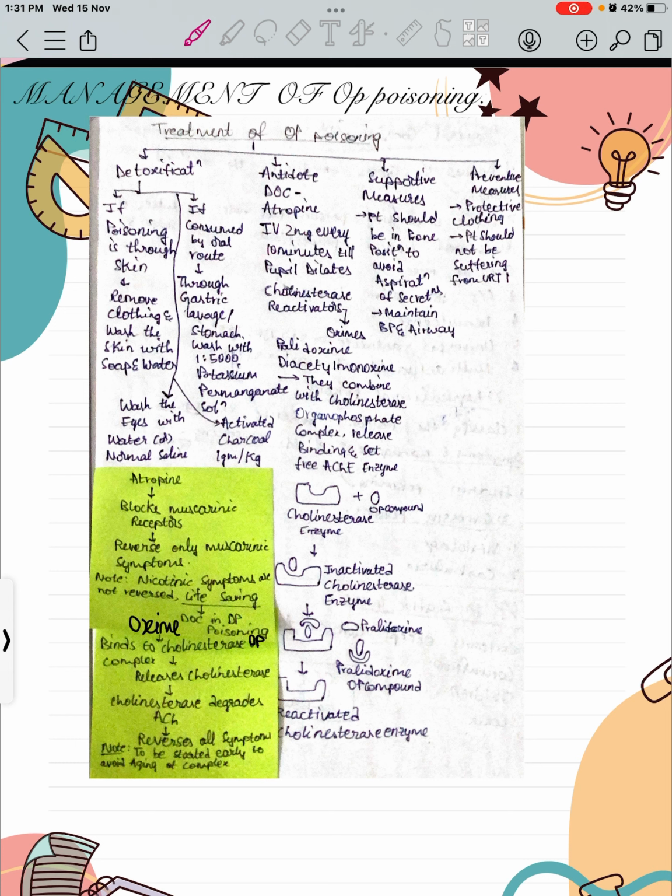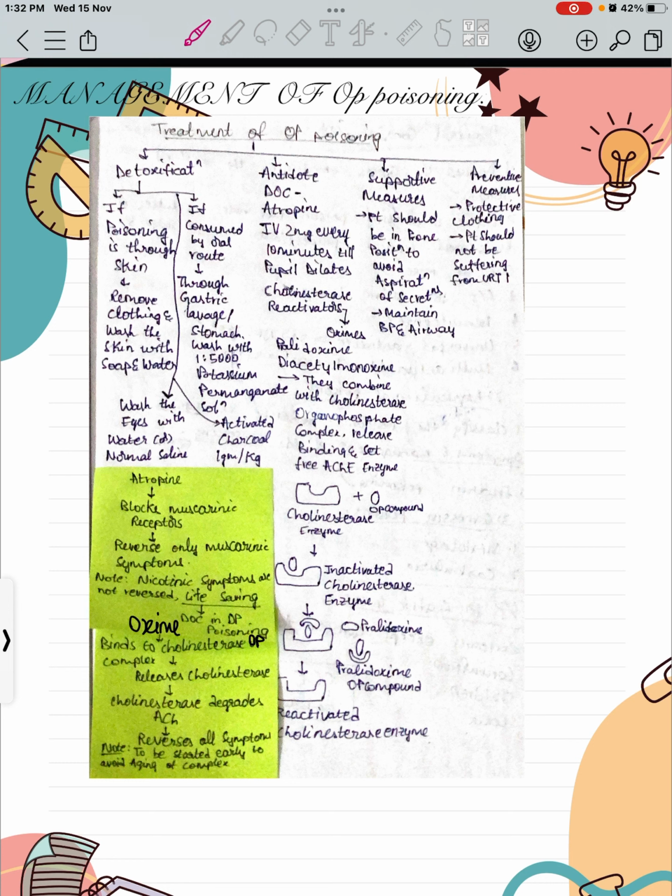Another drug that is useful in OP poisoning, other than atropine, is oximes, like pralidoxime and diacetyl monoxime. They combine with the cholinesterase-organophosphate complex, release the binding, and set free the AChE enzyme.